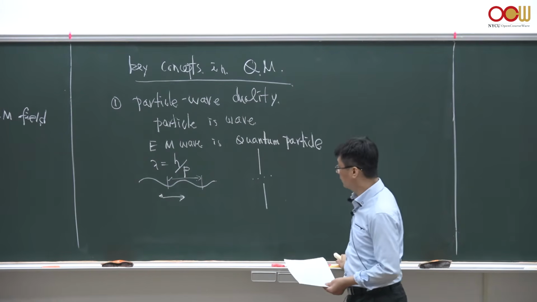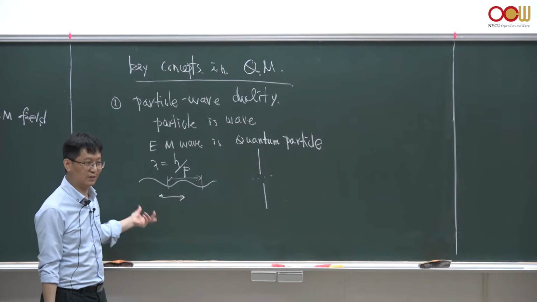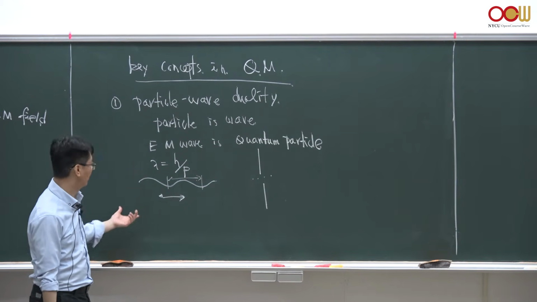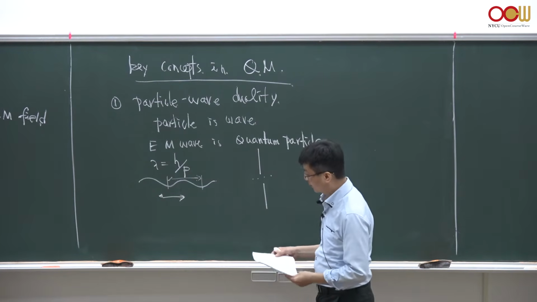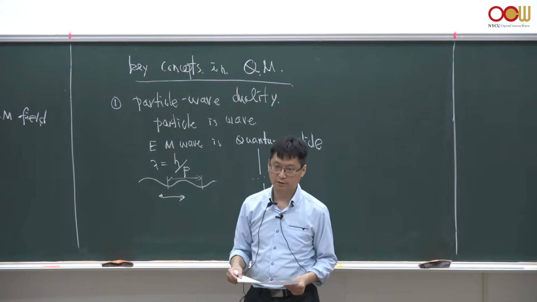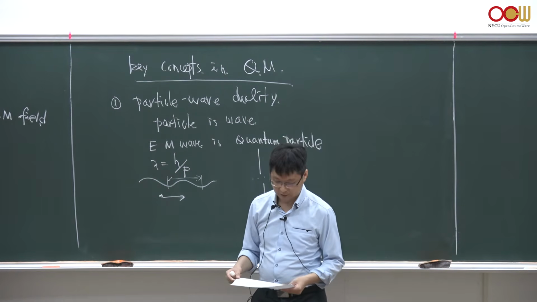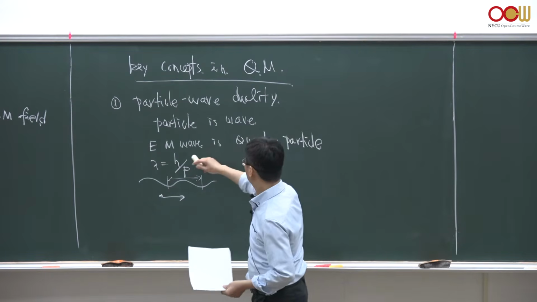Right? So h over p is the wavelength of this quantum particle, even though this is the particle that you know, for example, the electrons. Even though these electrons are particle-like objects, the electron can actually go through a double slit and show an interference pattern or diffraction pattern.